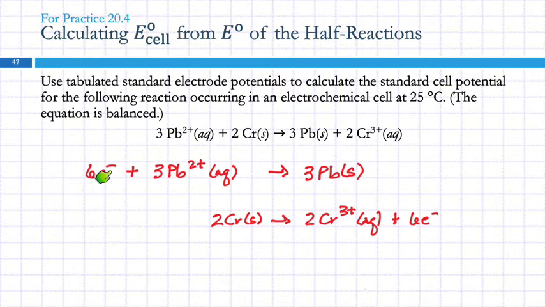So I go back and I look at this. This is also the reduction. So E0 for this is negative 0.13 volts, because it's written exactly the same as what I found in the table. Do I multiply by 6? No, I don't.